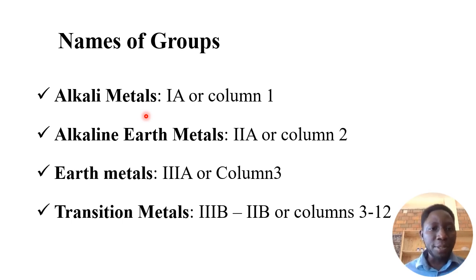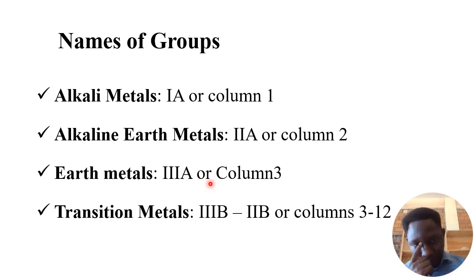In these alkali metals we have sodium, lithium, potassium, and other elements. Group 2 is called the alkaline earth metals. These are elements that have 2 electrons in their outermost shell. Those elements include magnesium and calcium.